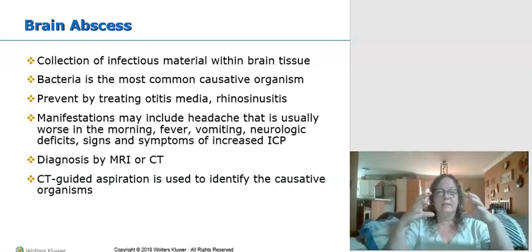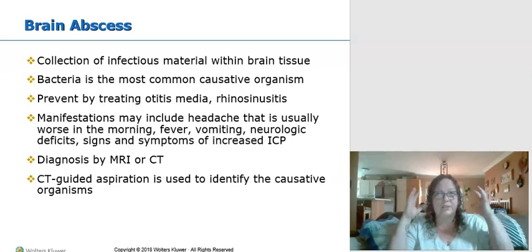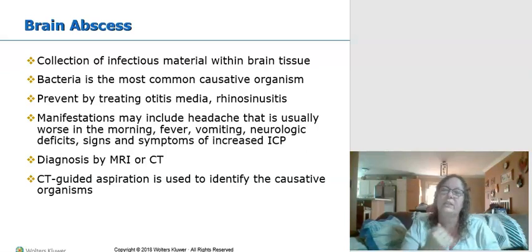If we're getting a collection of drainage, there's nowhere for the brain tissue and blood to go. Potentially, you can have some alterations in cerebrospinal fluid levels to compensate, but again, keep an eye on that, right? So this is diagnosed usually by MRI or CT to visualize the infection.